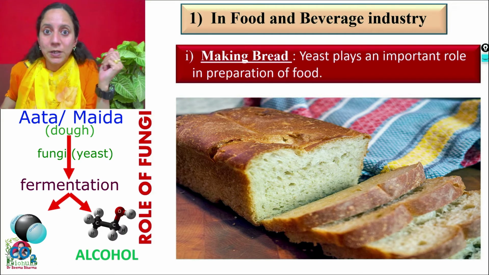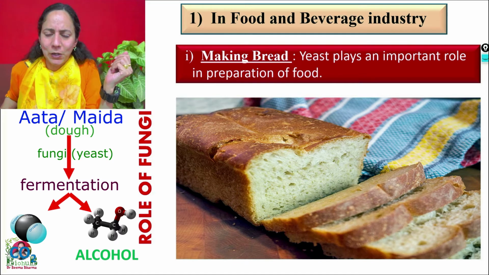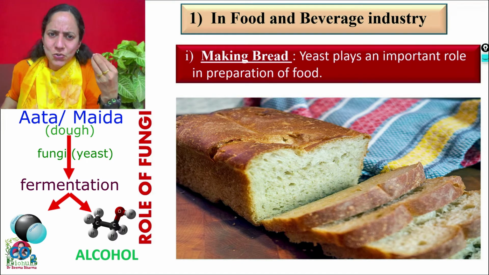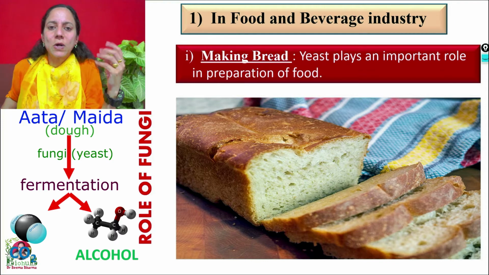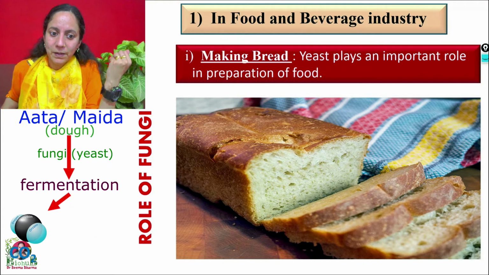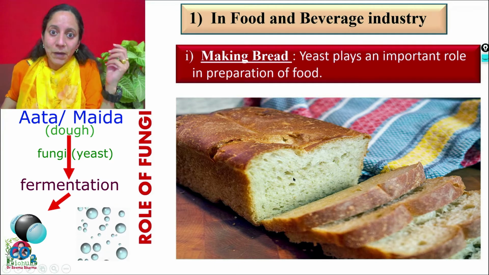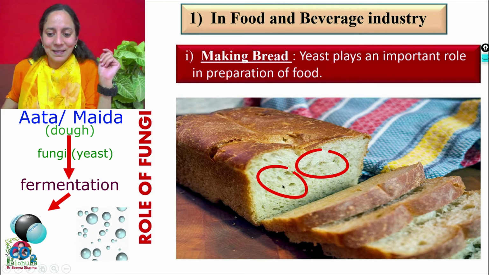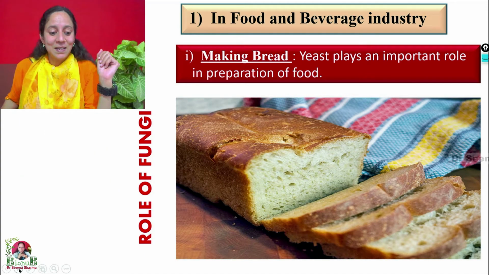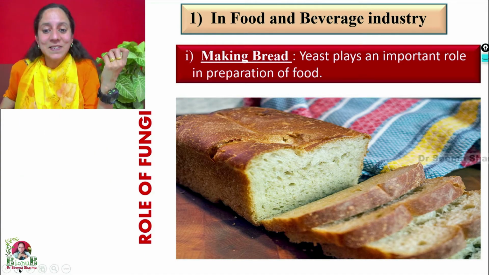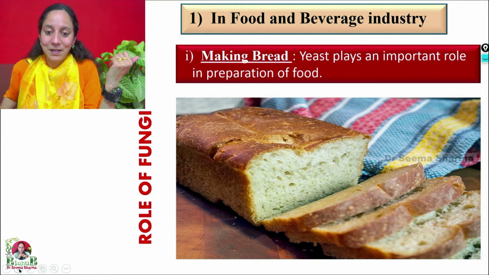You are surprised to hear alcohol. Yes, there is production of alcohol, but it is produced in such minute quantity that it evaporates. Now carbon dioxide also moves out by making holes and makes the bread spongy. So yeast, which is a fungus, is utilized for making of bread.